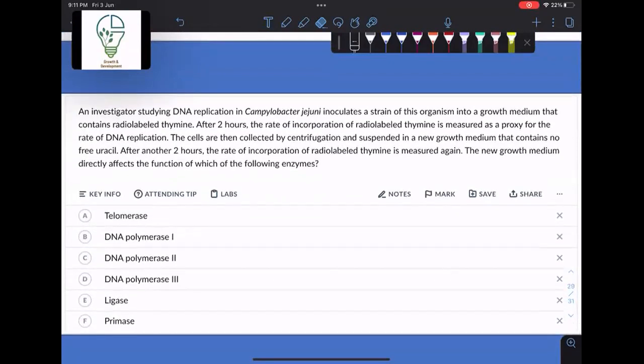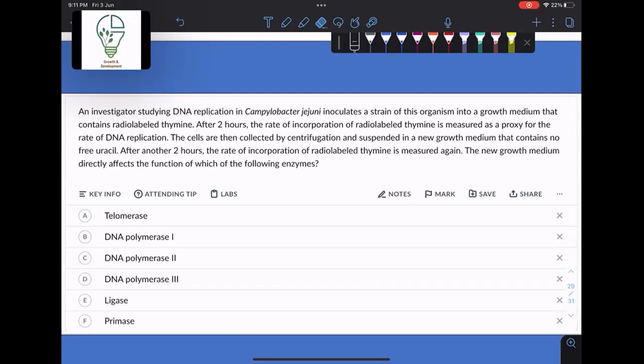Okay, so the second question. An investigator studying DNA replication of Campylobacter jejuni inoculates a strain of this organism into a growth medium that contains radiolabeled thymidine. After 2 hours, the rate of incorporation of radiolabeled thymine is measured as a proxy for the rate of DNA replication.